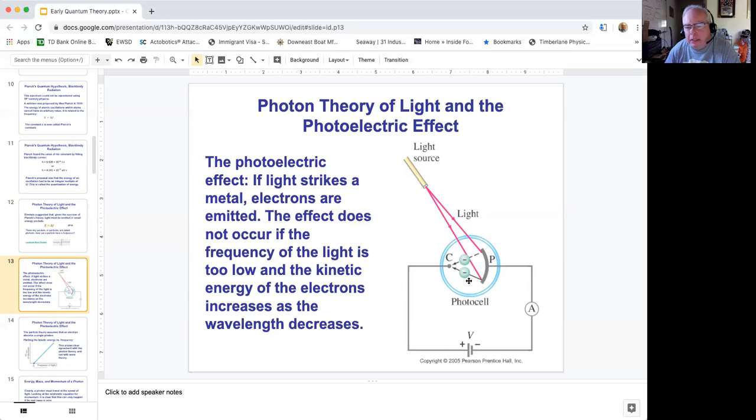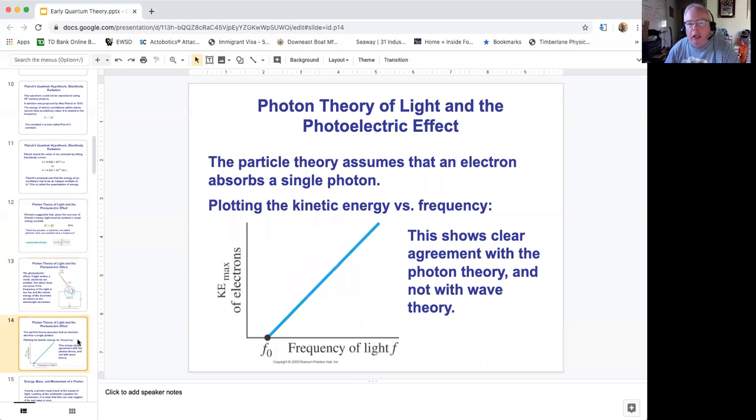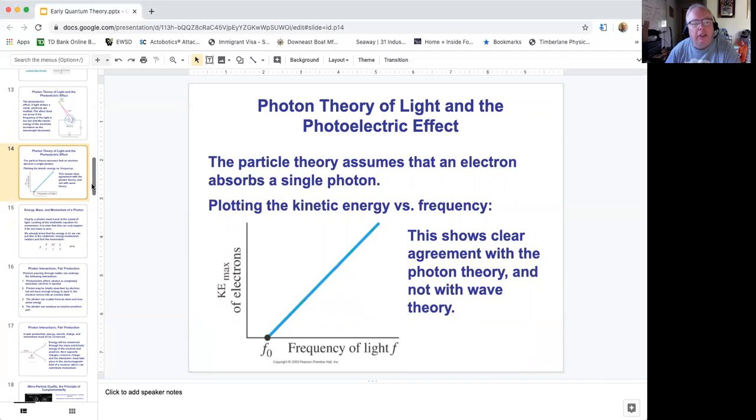And by applying a positive voltage, these electrons will get accelerated. And so light can actually cause current to flow in what we call a photocell. However, the threshold in order for this to occur depends on the frequency of light. Again, the connection of frequency to energy. And I'll talk more about this in another video.